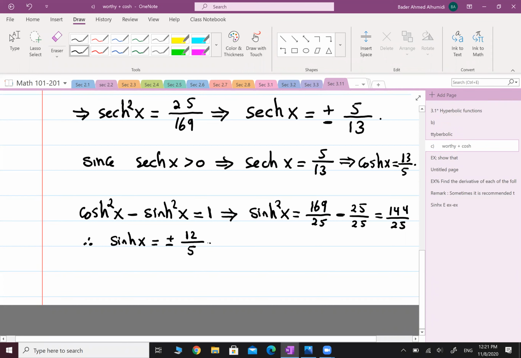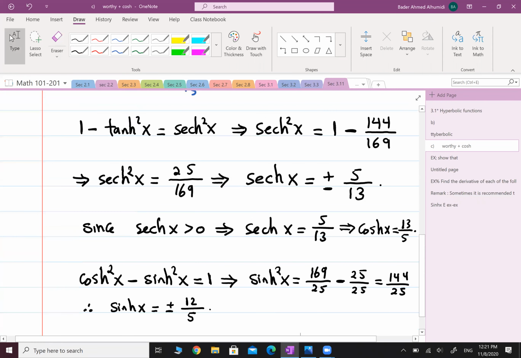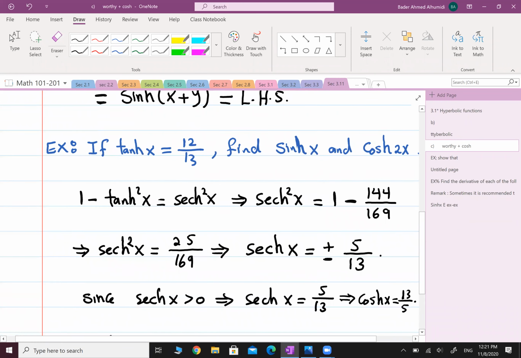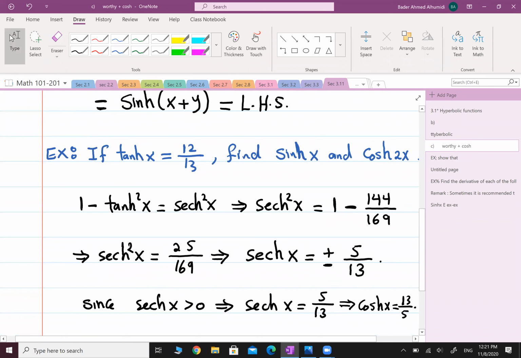Now the question, and this is very important: which one do I need to choose? Hyperbolic sine could be positive or negative. Remember its shape: it is sometimes positive, sometimes negative. Look at the given in the question: is the hyperbolic tangent positive or negative? Positive.